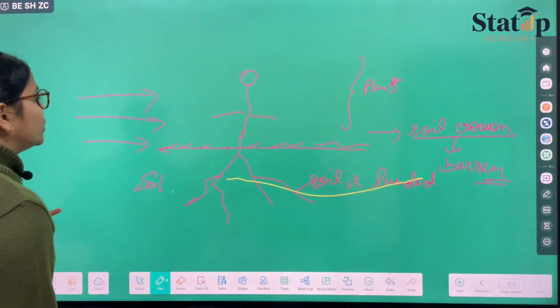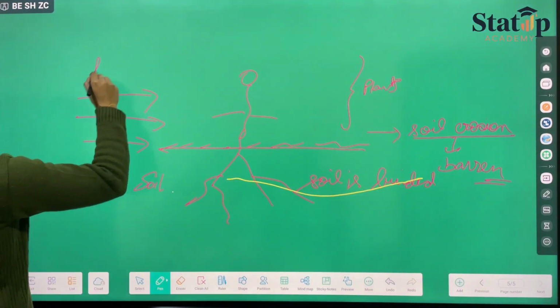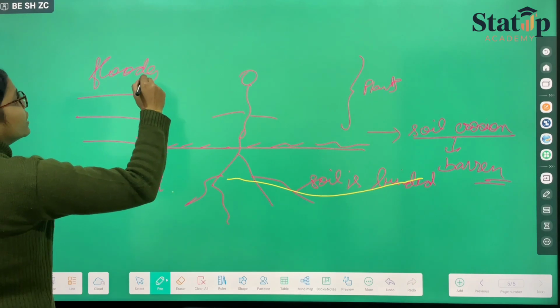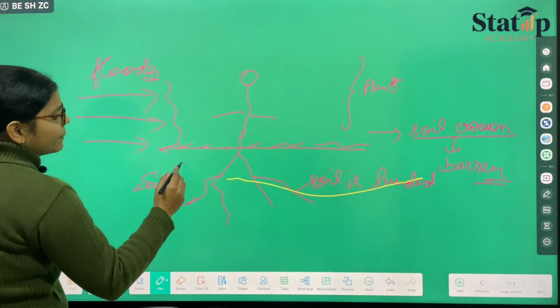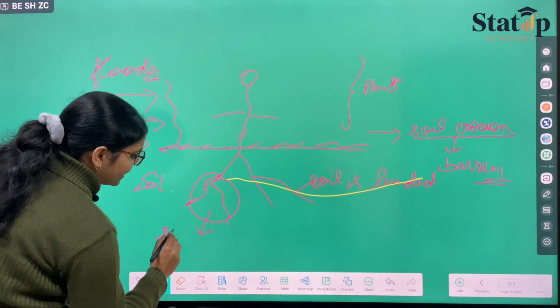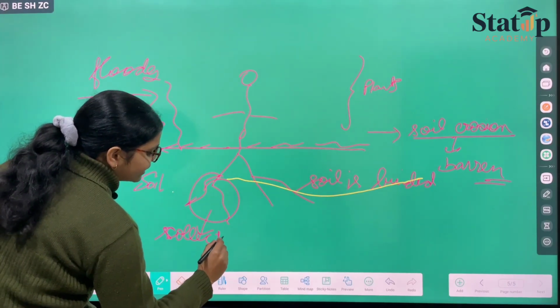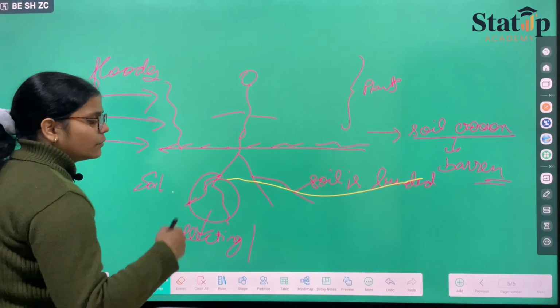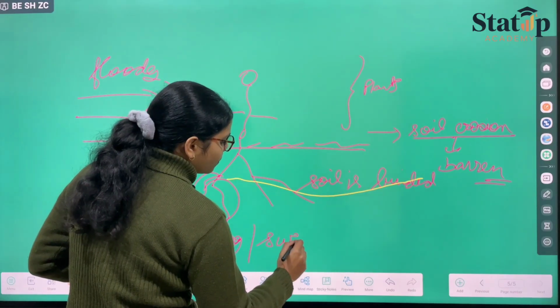Another thing that they are doing is, when the floods would be there, the water would be coming and the roots would be seeping the water. They would be collecting the water, or you can say that they would be seeping the water.